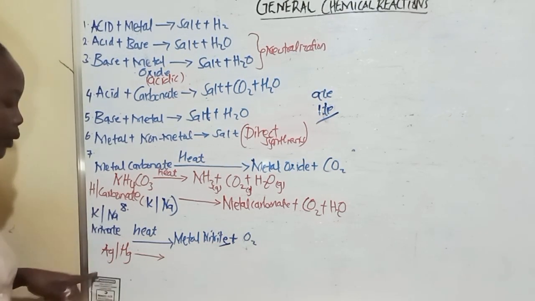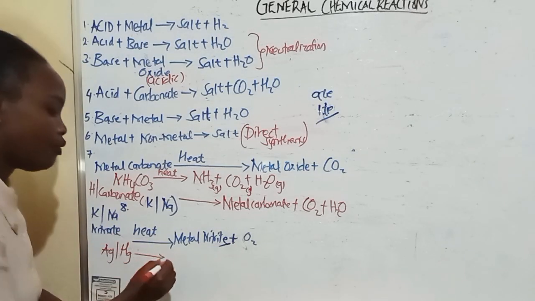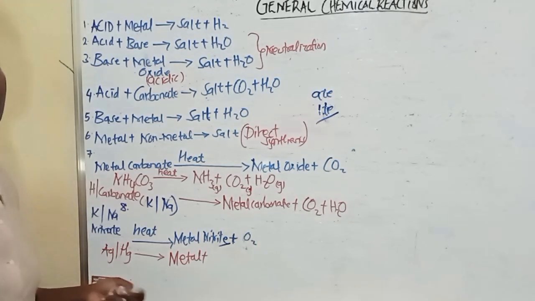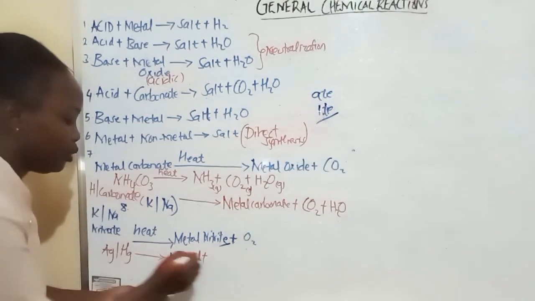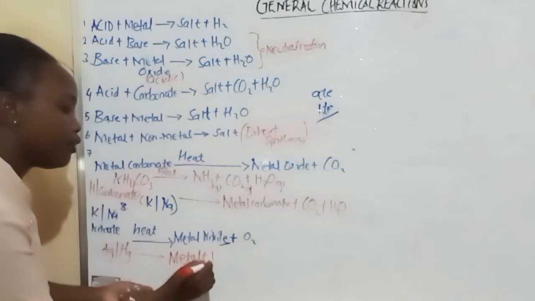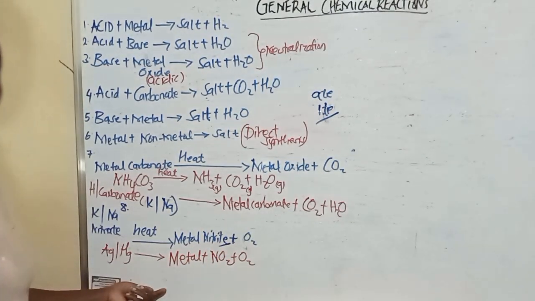So when you decompose the nitrates of silver and mercury, the products are going to differ. You're going to form a metal, and since it is a nitrate, you're also going to form nitrogen 4 oxide plus oxygen.